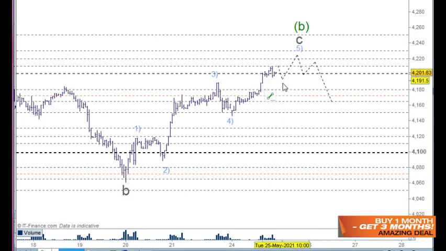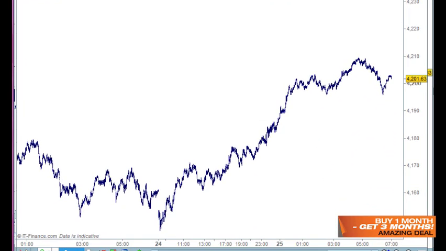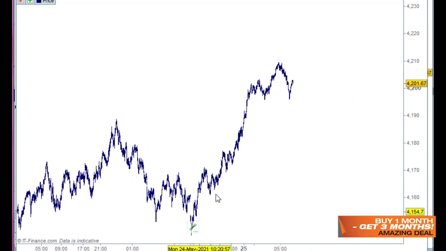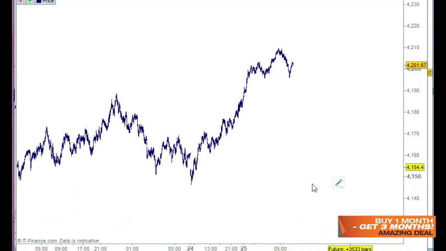So we're looking for a little correction that's underway at the moment, and then one more little high here. This is 10 ticks. So this is the last leg that we're counting.